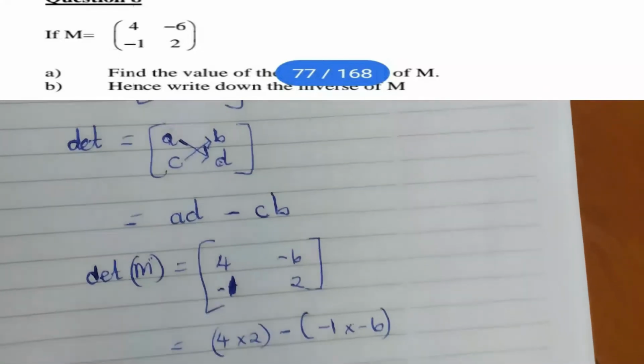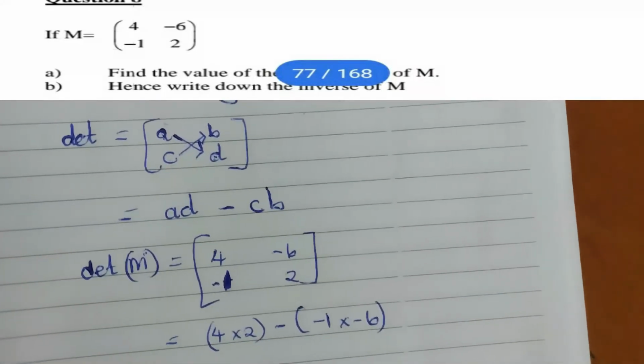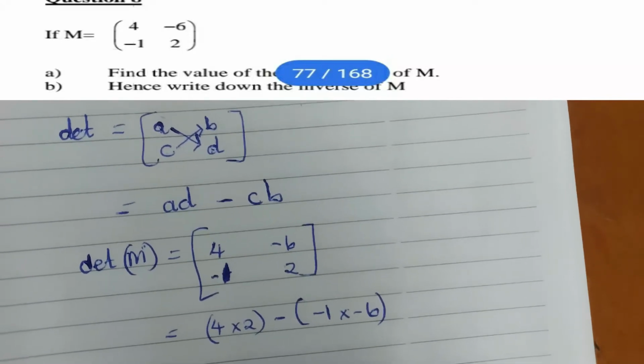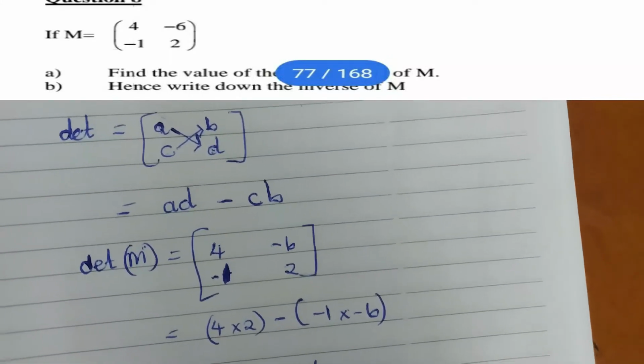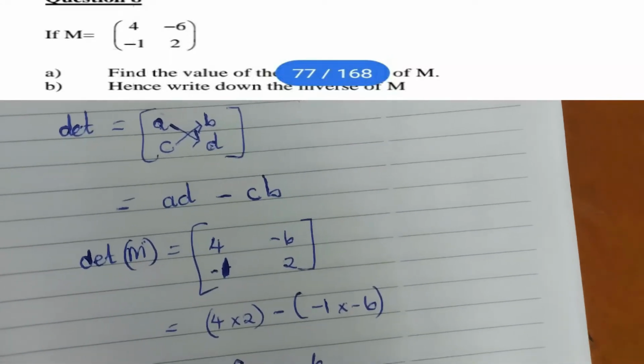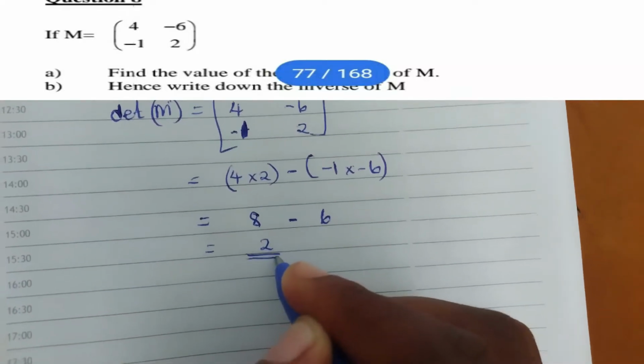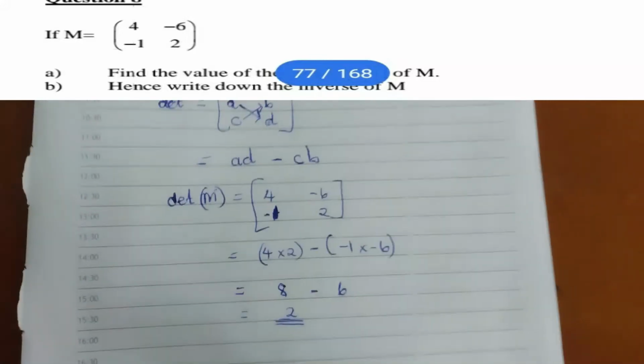So what would be our final answer? We simplify here, we get 8 minus positive 6, we get 2. So this is how the determinant is obtained.